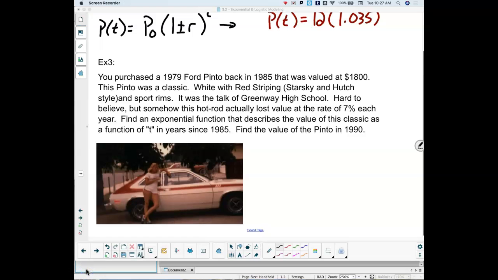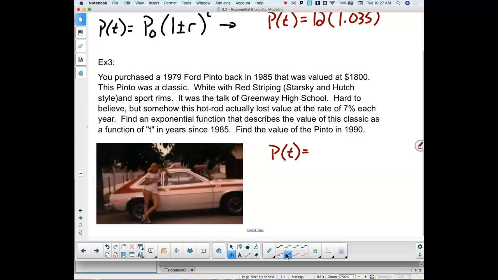Spot check here. What do we got for an equation, an exponential function? We'll call it P of t. What do we got for P of t? Times what? Okay, so could I write that as 0.93 to the t power?